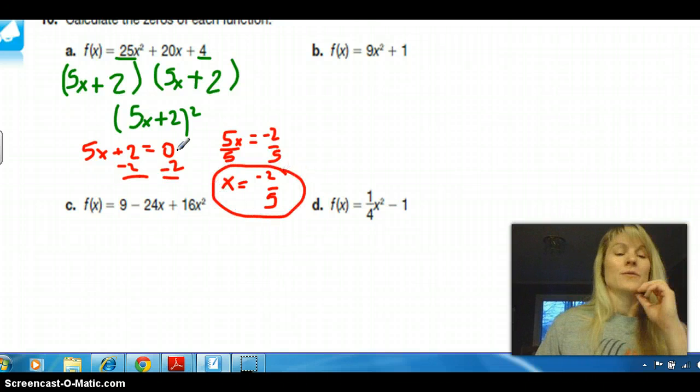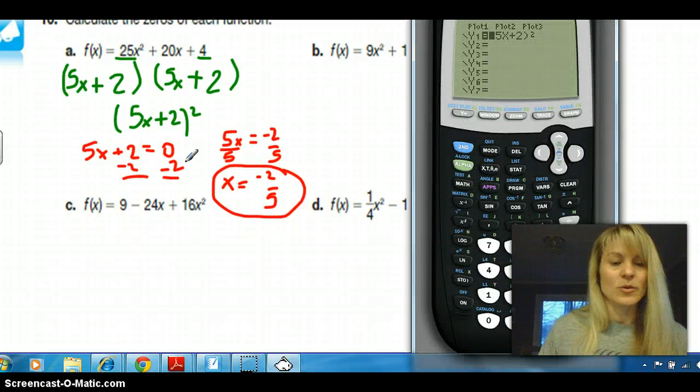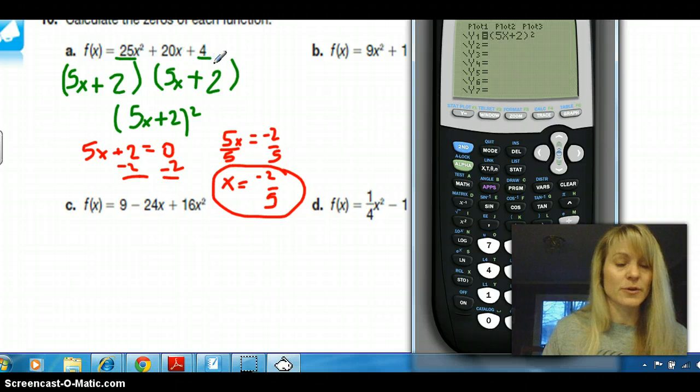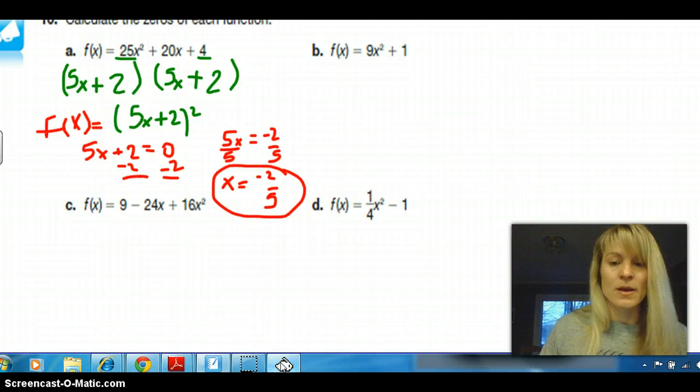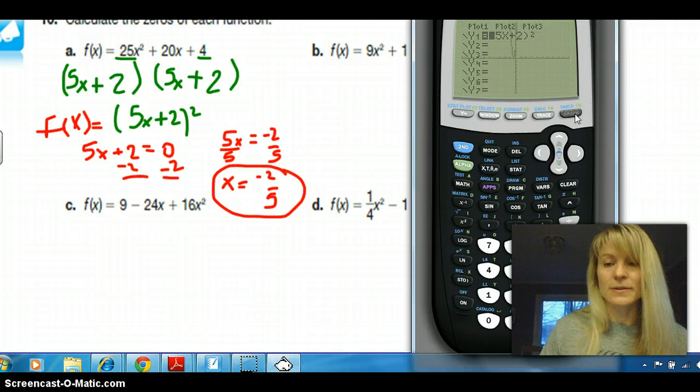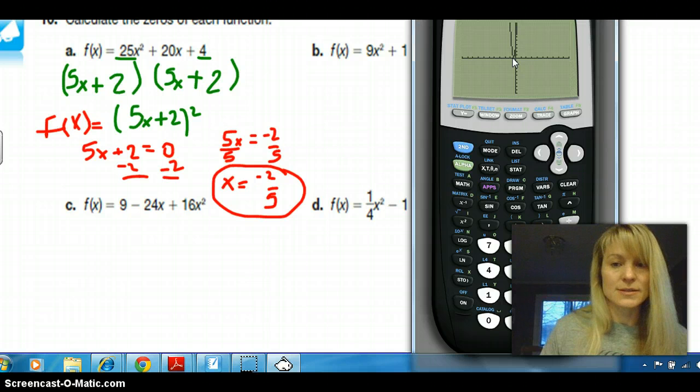So if we think about it, if I put my quadratic equation into my y equals, I could either put the standard form method in, or I could put my new method in here, my f of x equals 5x plus 2 squared. If I put that in and I graph it, you'll see that it only touches the x-axis in one spot.